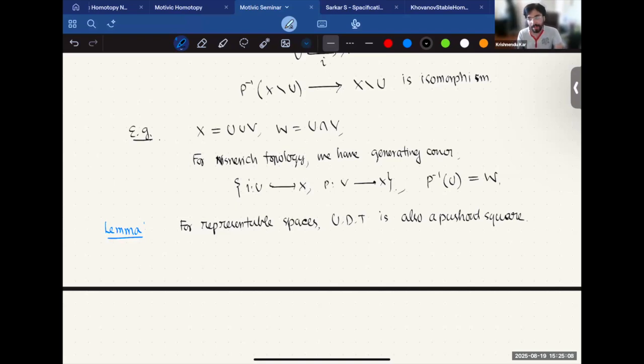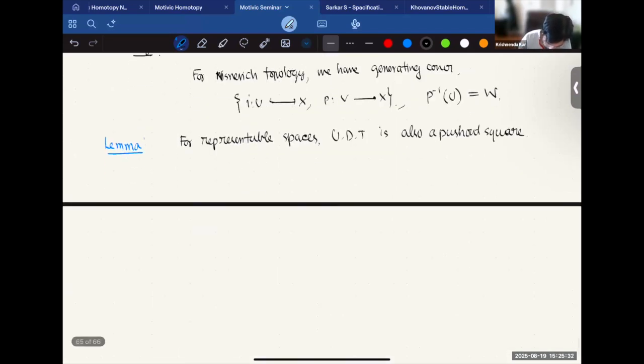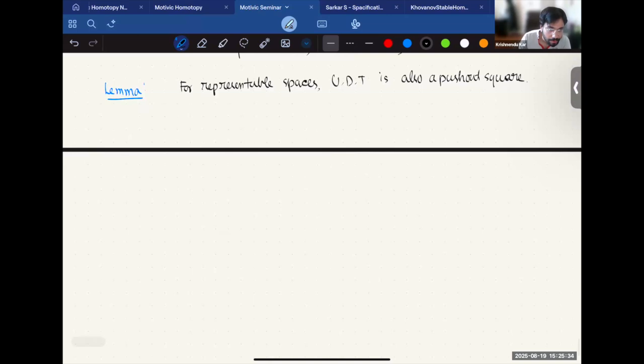What does that mean? That means I can take any object from smooth schemes and think of them as fitting in this upper distinguished square, which will also be a pushout square. So that's the power. And using that, we'll prove the next two theorems, using this pushout feature.